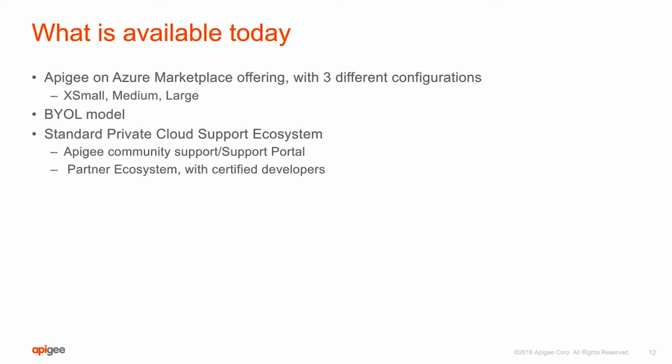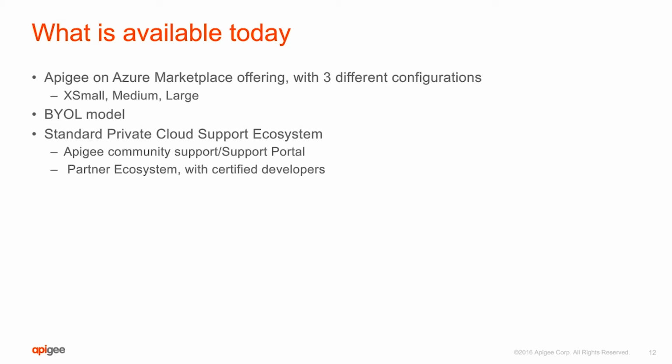And one thing to mention is a huge partner ecosystem of Apigee certified trained people you can leverage to manage even your production deployments on Azure. So it's a pretty comprehensive offer, I would say, a solution that you can use in production, for testing, for non-production today, and that's the offer.